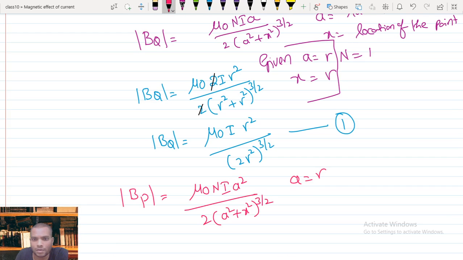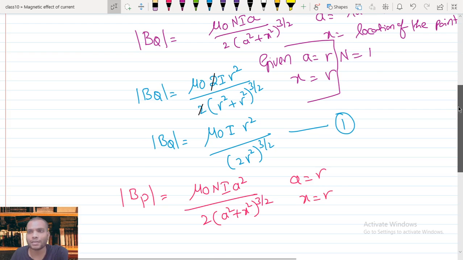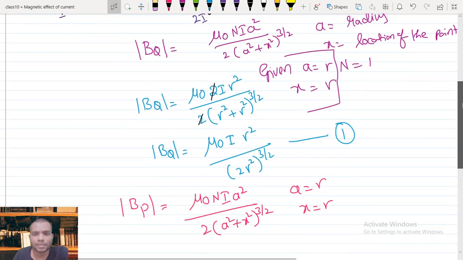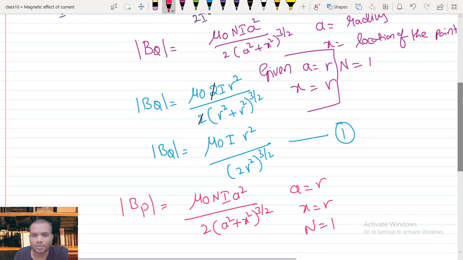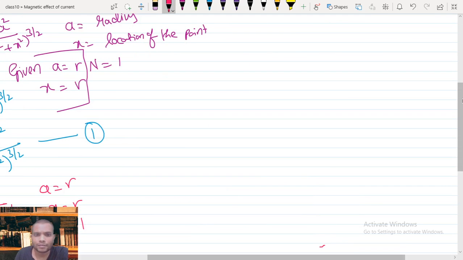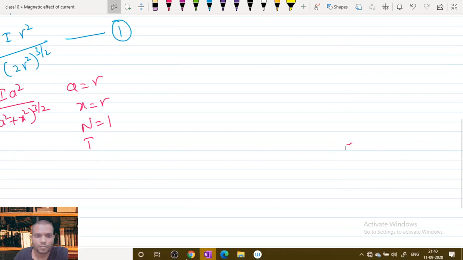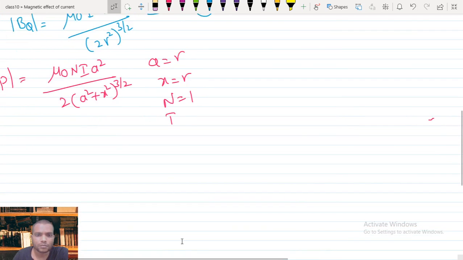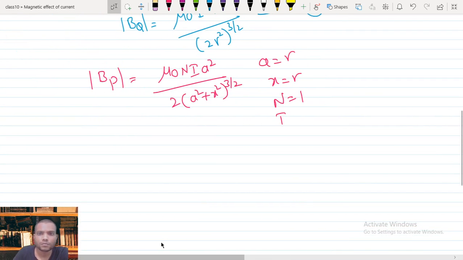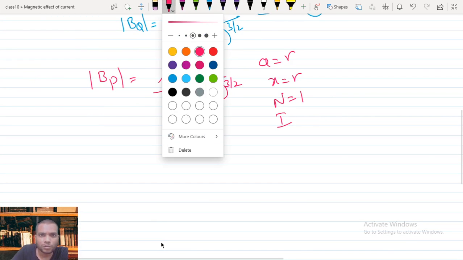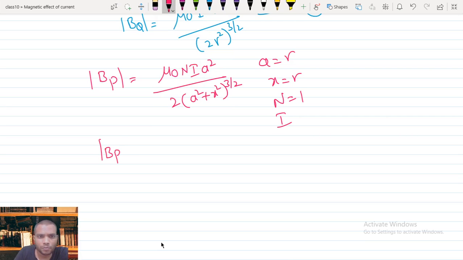Here a equals the radius r, and the point O is at equal distance, so x equals r. n equals 1, and the current is I. Substituting, the magnitude is mu naught I times r square upon 2 times r square plus r square whole power 3 by 2.